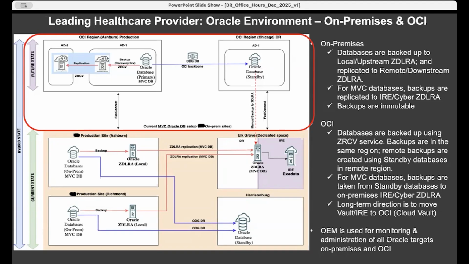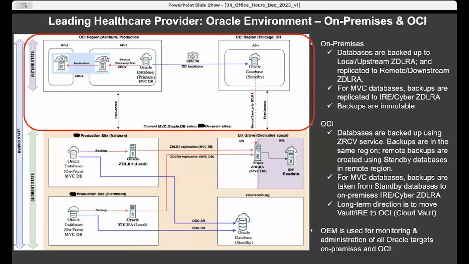Basically, we have our production databases on Exadata. We use the ExaCS dedicated service to host our databases, which uses Exadata behind the scenes. And we use the ZRCV service for backing up the databases.